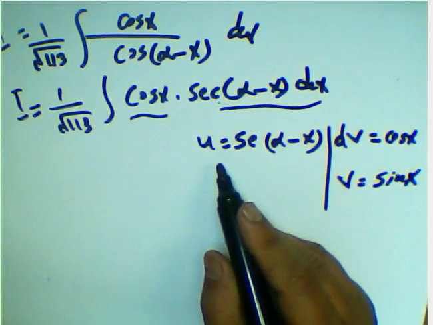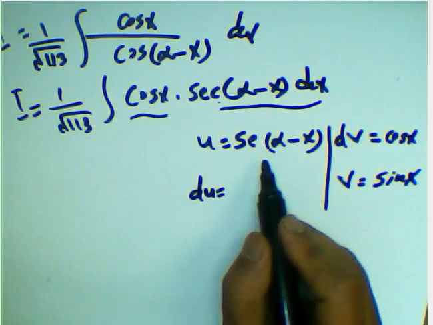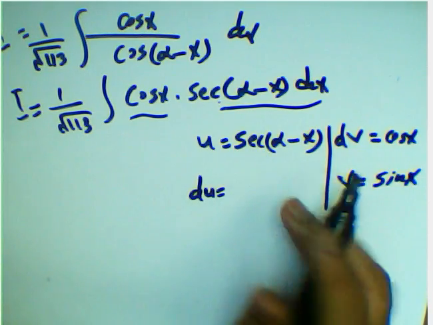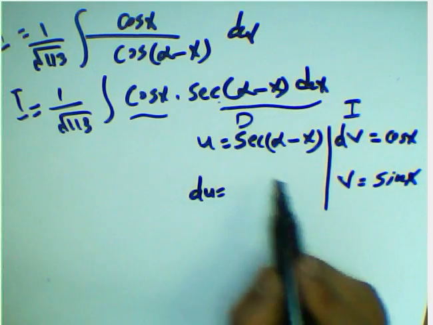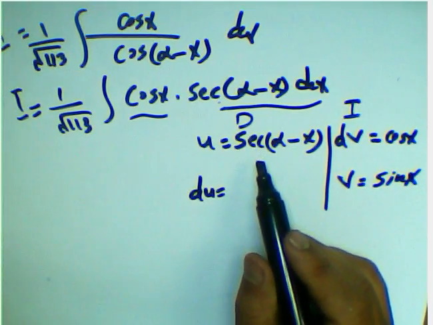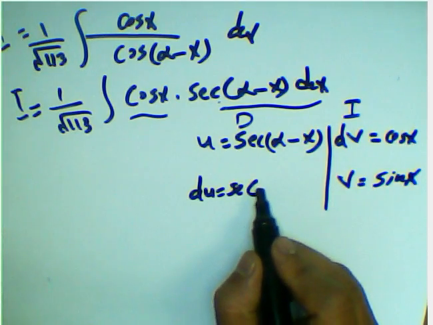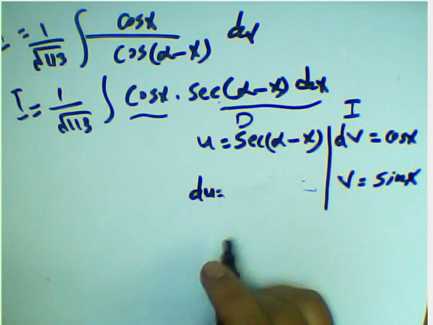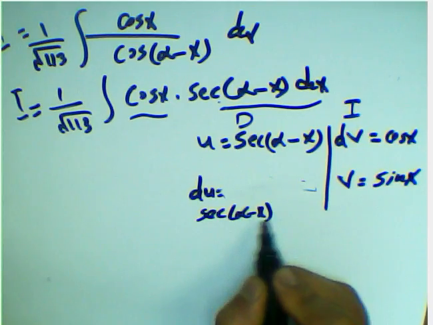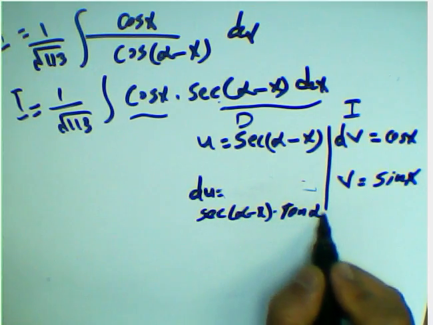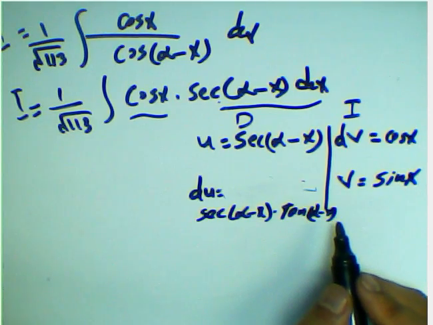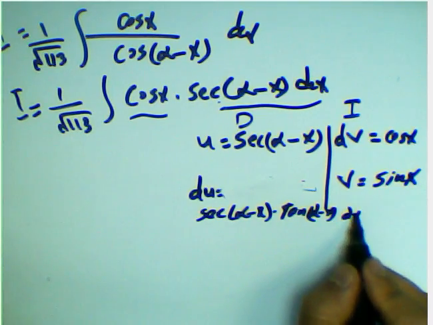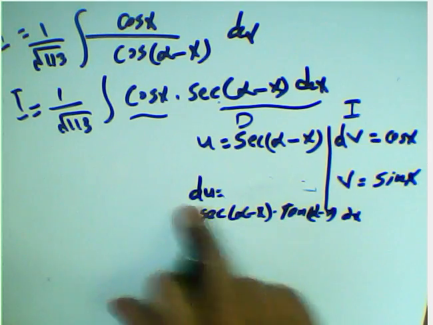And for u, the integration of sec we don't have here, but we can find the derivative of sec, which is sec tan. So du will be sec alpha minus x multiplied by tan alpha minus x, dx, and v here.